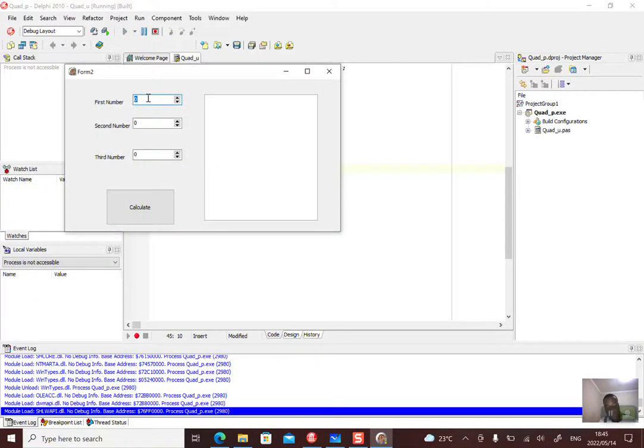So it's going to be 5 here, 6, and then here it's going to be 4. It has given us the answer. So here is the quadratic formula.